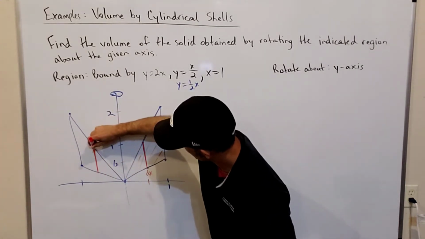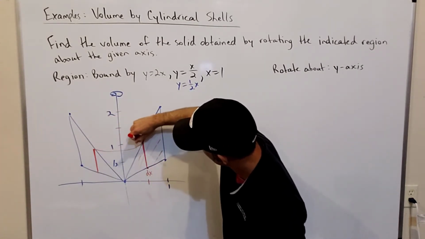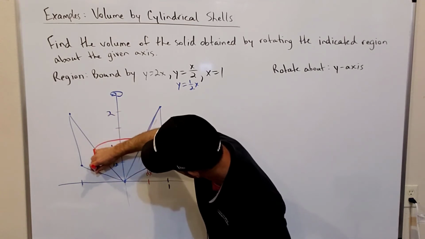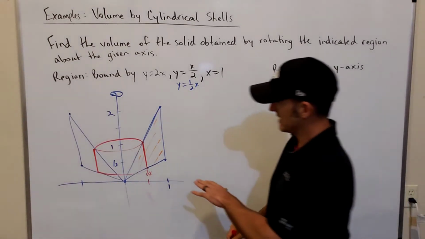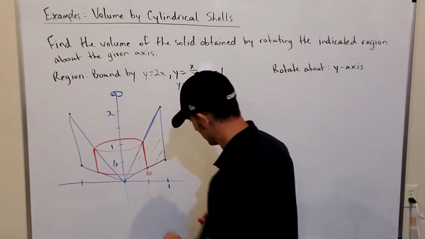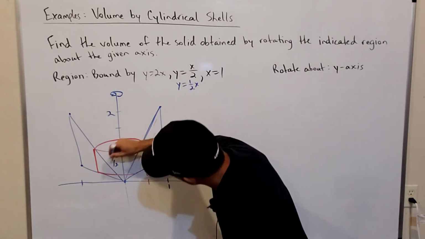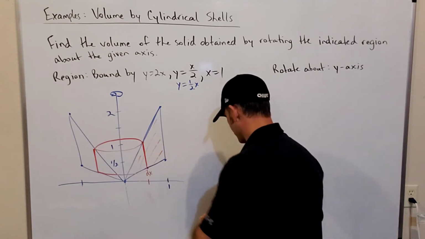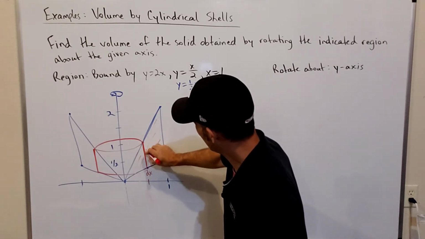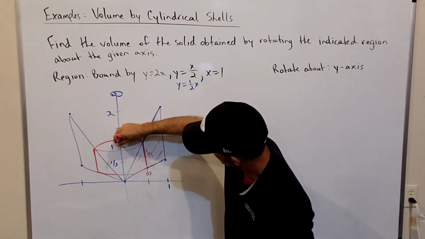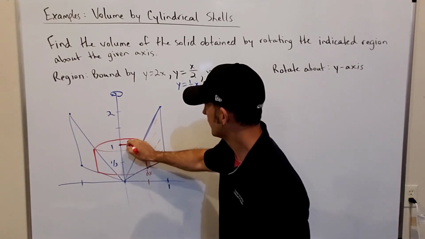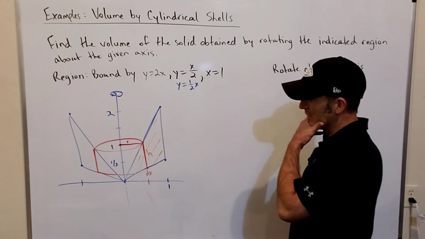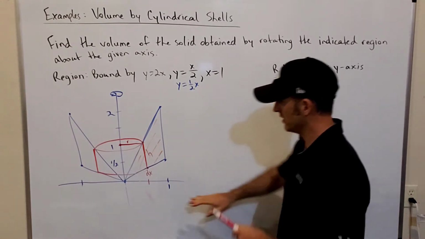And then I can construct my cylindrical shell by putting the top on it and the bottom. Okay, so there's our shell. I think I erased my 1 and my 1/2. Here's my height, and my radius runs from the axis of rotation over to the original region. Okay? All right, so now we can set up the integral for this.